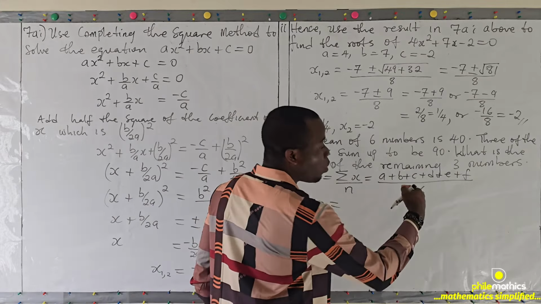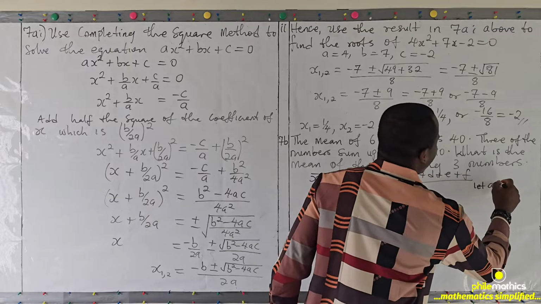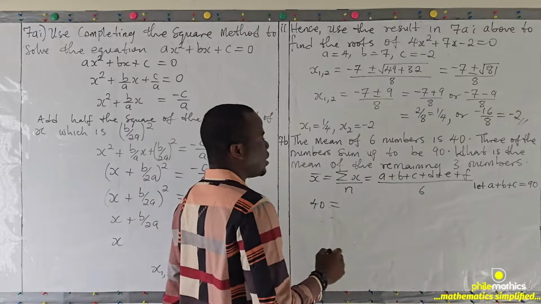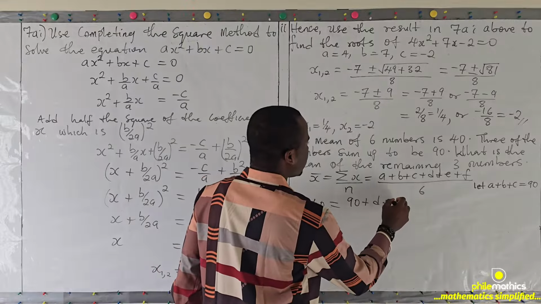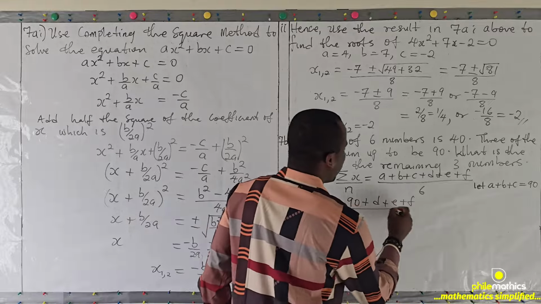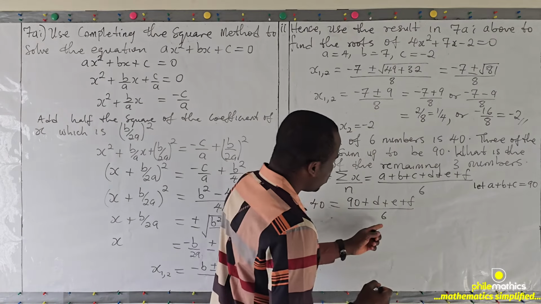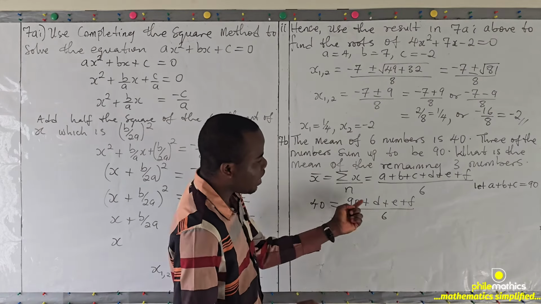So if A plus B plus C is 90, so we have 90 plus D plus E plus F over 6. Next we'll do is multiply. Okay, I can divide this directly.